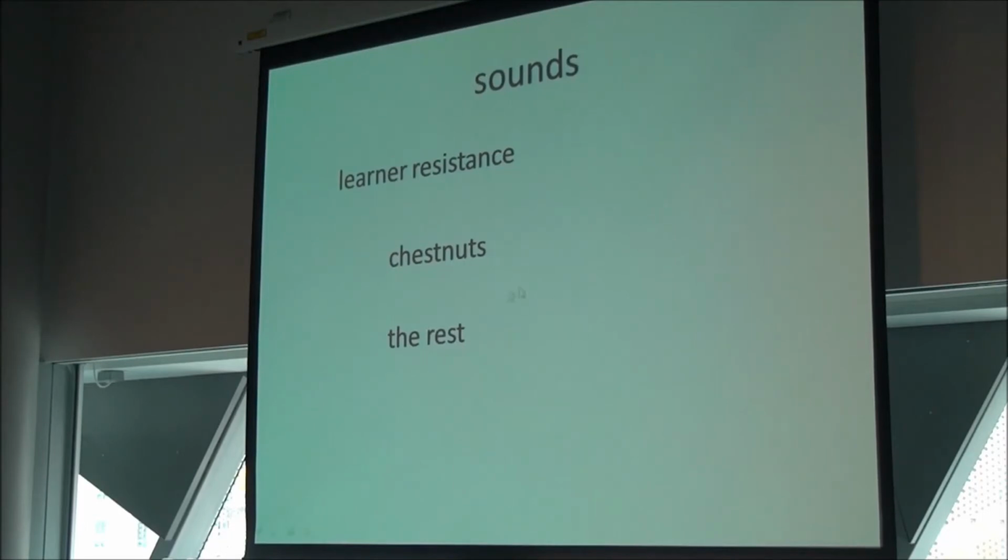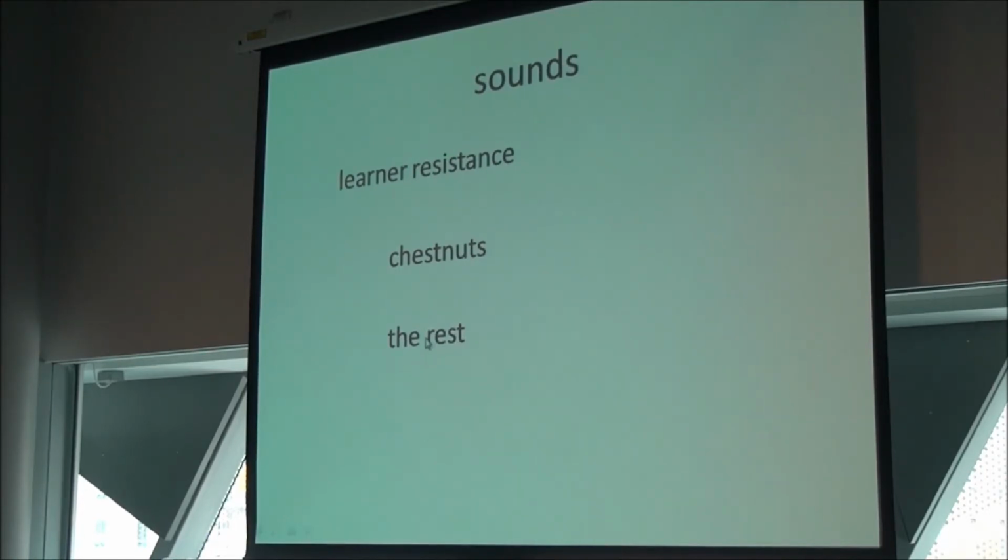Those are the chestnuts, but then there's the rest. Students often feel they can pronounce English in an okay manner. And there are just a few difficult things they can't do, and everything else is all right. And I think this is not really the right way to categorise student problems, because the rest is made up of 2 groups.